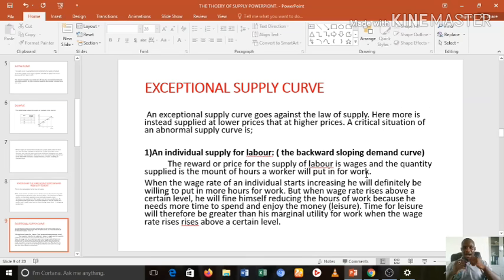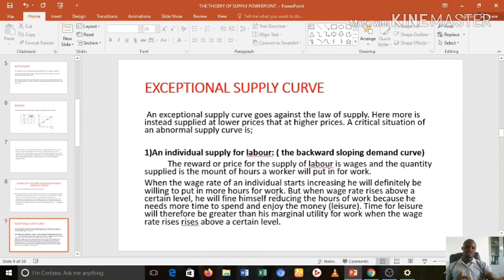Now, how then does the individual supply for labor lead to an exceptional supply curve? When the wage rate of an individual starts increasing, he will definitely be willing to put in more hours for work. It's normal.